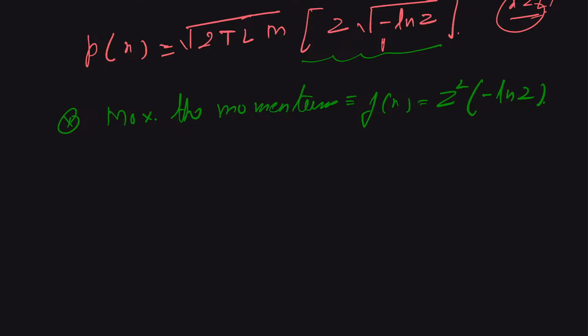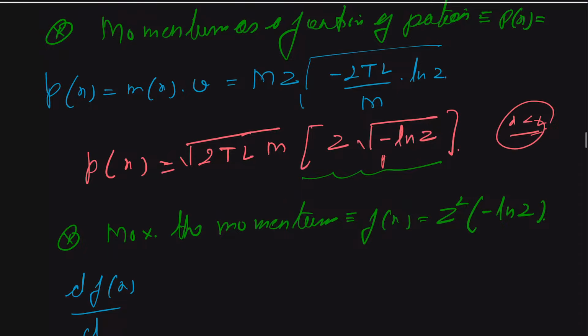So from here we get df upon dz. Let me rephrase this because it is in z, so let me keep this in z, not x, otherwise it doesn't look good.